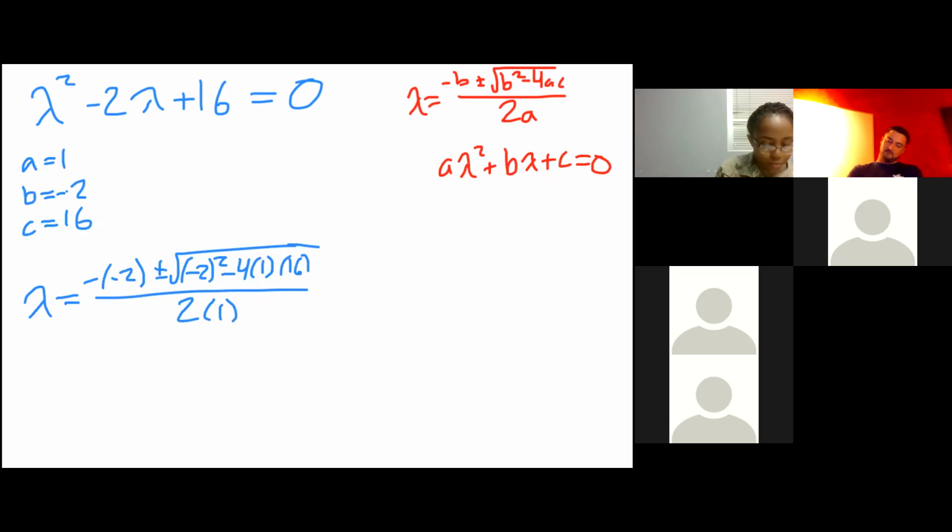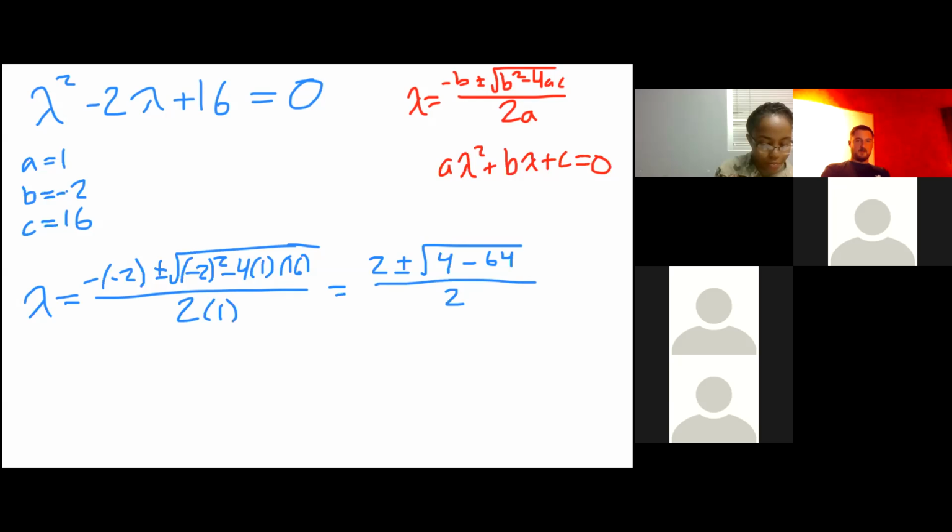Okay. So I'm going to have positive 2 plus or minus the square root of 4 minus, let's see, 4 times 16. 6 times 4 is 24, so 64, all over 2.